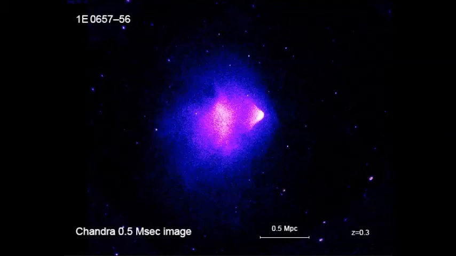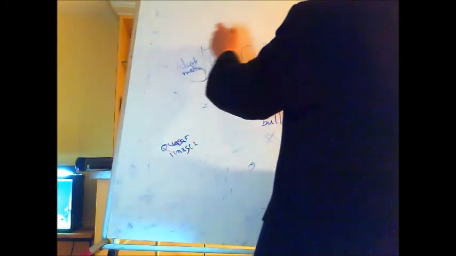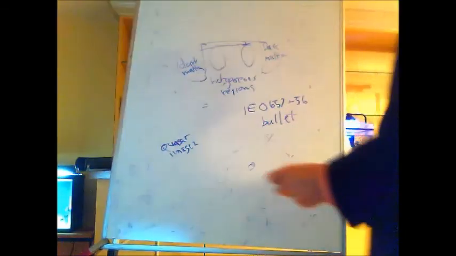But when the galaxies collide, the gas pressure stops the gaseous regions from moving, while the dark matter continues to move through the gas. So these things actually stop, and it's the dark matter that continues to move in this fashion.